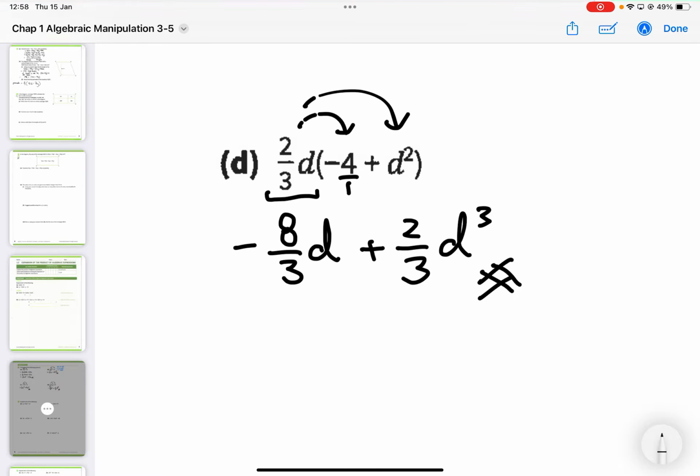This number here you can get using your calculator. You press 2/3 times negative 4, and it will give you this number. But you must know that your D should be there. Logan, can or not? Yes, sir.